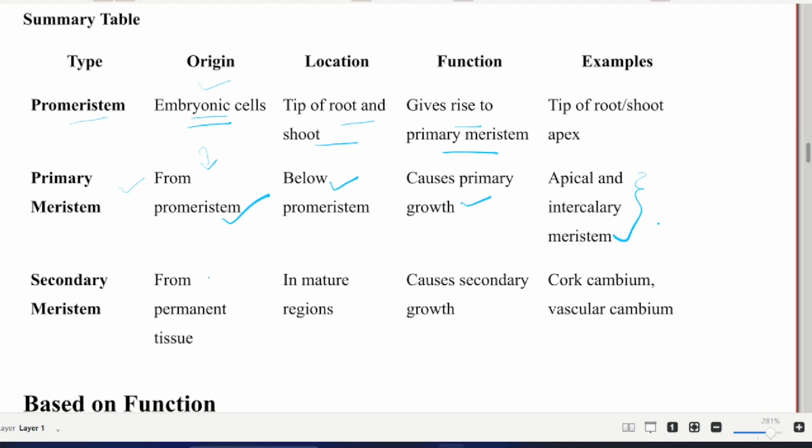Likewise, secondary meristems are formed from the permanent tissue present in the mature regions that causes the secondary growth in plants. Example: procambium or phylloxera, and vascular cambium, that is inter and intrafascicular cambium.